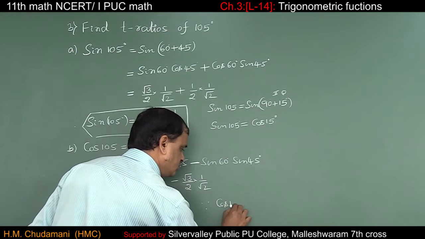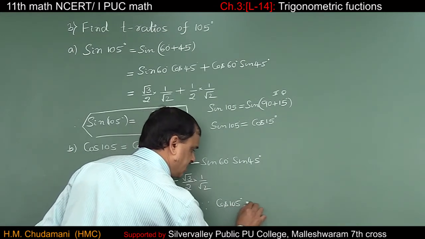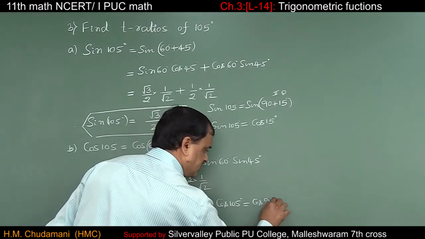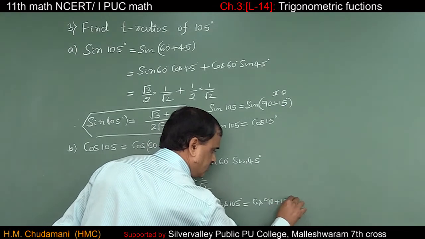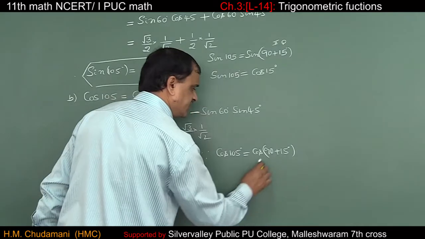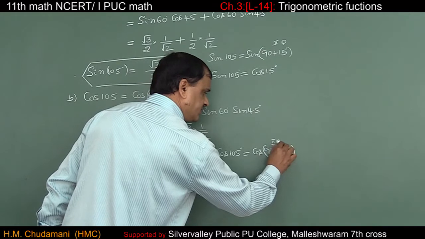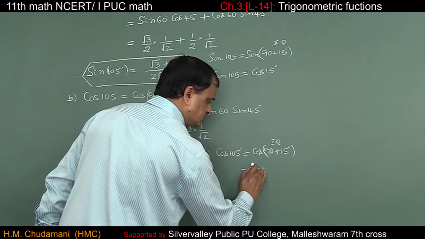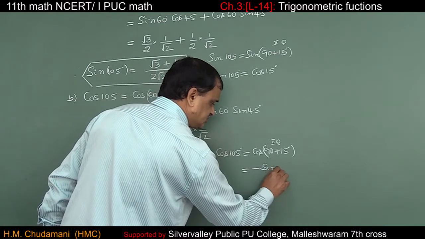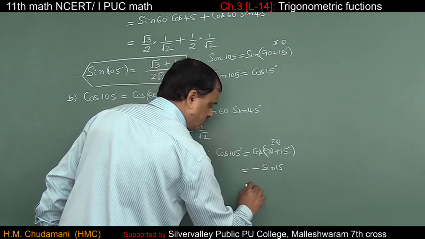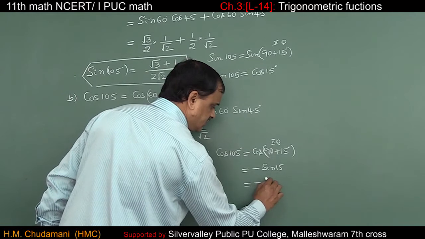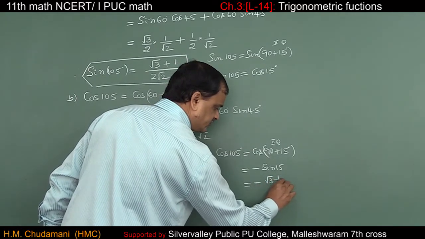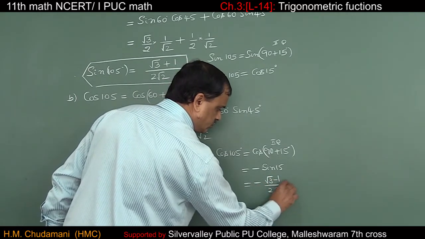So cos 105 can be written as cos of 90 plus 15 degrees, no? Second quadrant means cos theta is negative. So cos changes to sin 15 degrees. What is sin 15 degrees? It is root 3 minus 1 divided by 2 root 2, you know.